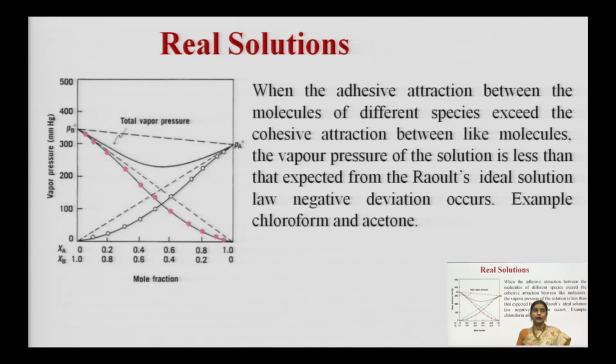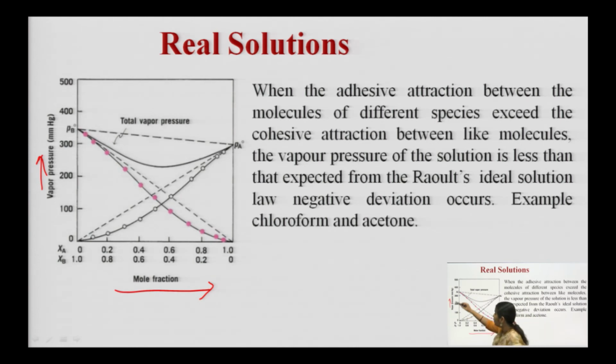So, first we will read what negative deviation is. Again we have drawn the graph taking vapor pressure on the y axis and composition, expressed in mole fraction, on the x axis.